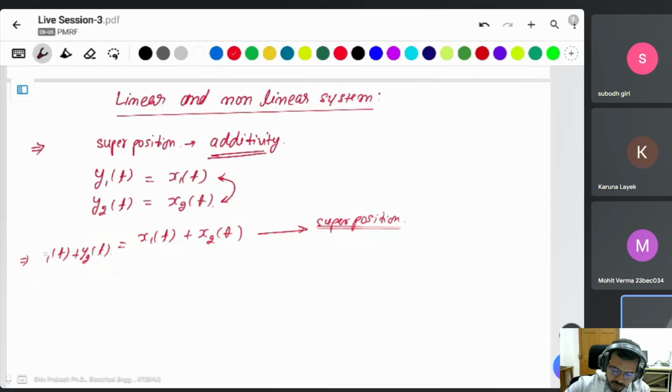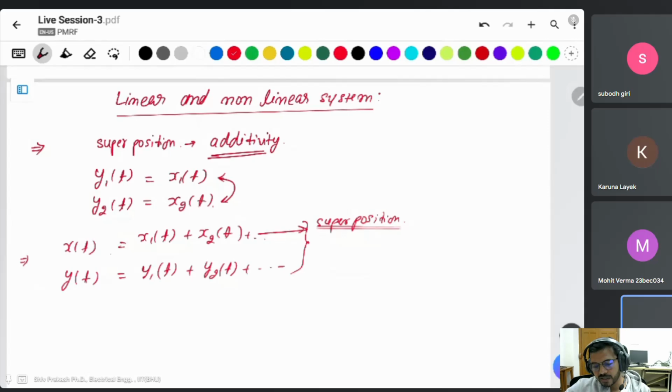Suppose you have an input that is the summation of two inputs or more, then the output will be the sum of the outputs of the different systems. If this follows, then the system verifies superposition or additivity.